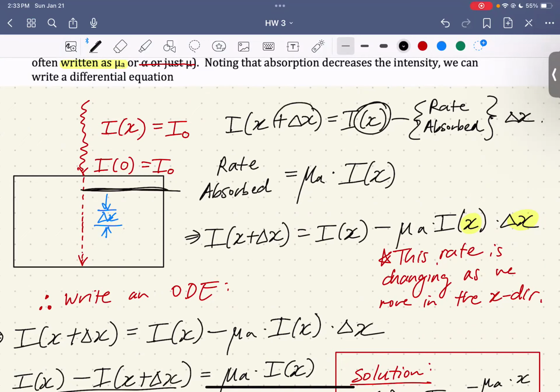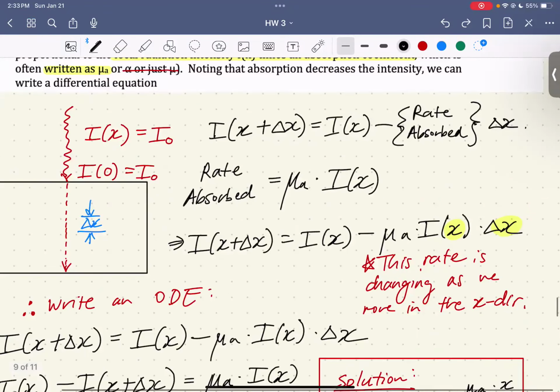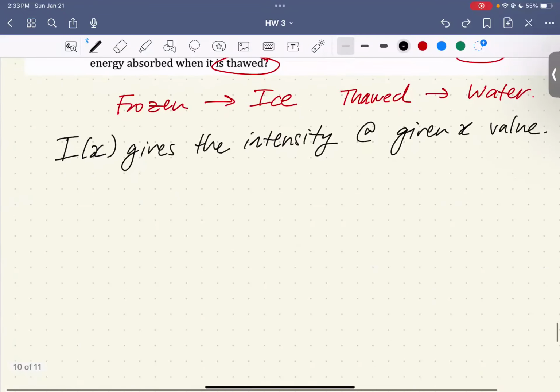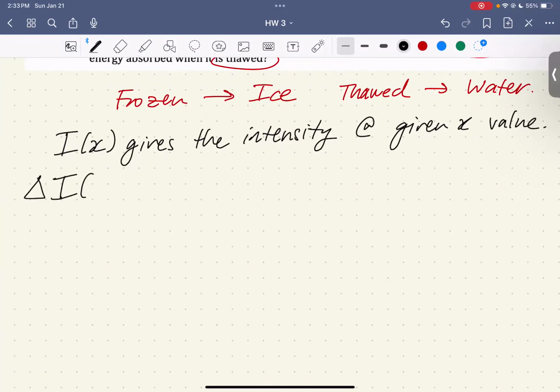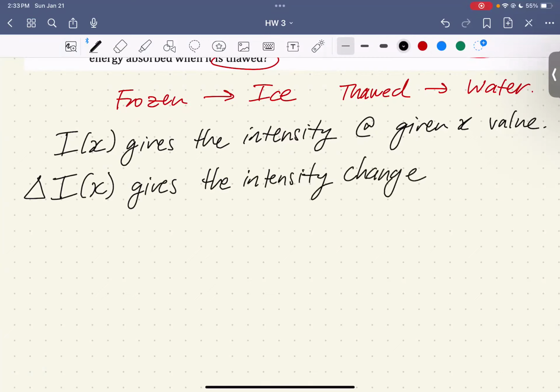Then if we're trying to find the change, then at this next change, that's going to be the new value, and the rate absorbed is going to be the difference between those two values. Does that make sense? So that means the change in I of x gives the intensity change, the change in the intensity. And that change in the intensity is the amount that was absorbed.